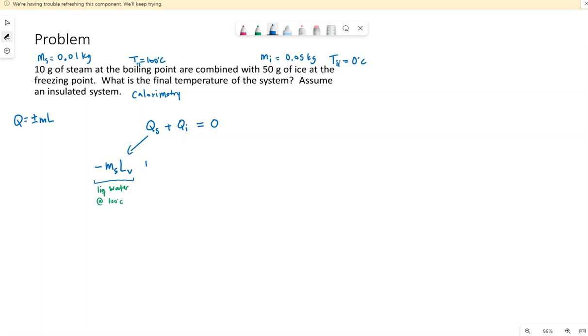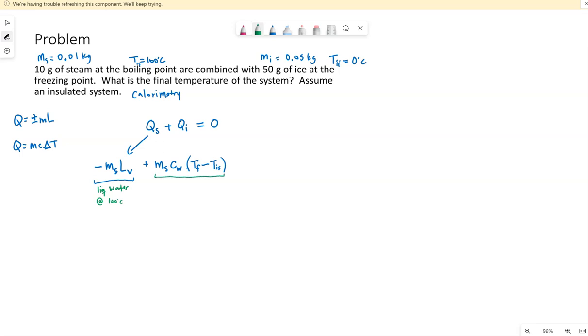So we do need to account for any temperature change. In temperature, we have m c delta T. So the mass of the steam, it's liquid water now, so we just need c of water. And then delta T, we mean the T final the system comes to, which we're looking for, minus T initial of the steam specifically, because we're talking about the steam, the gas that's now liquid.